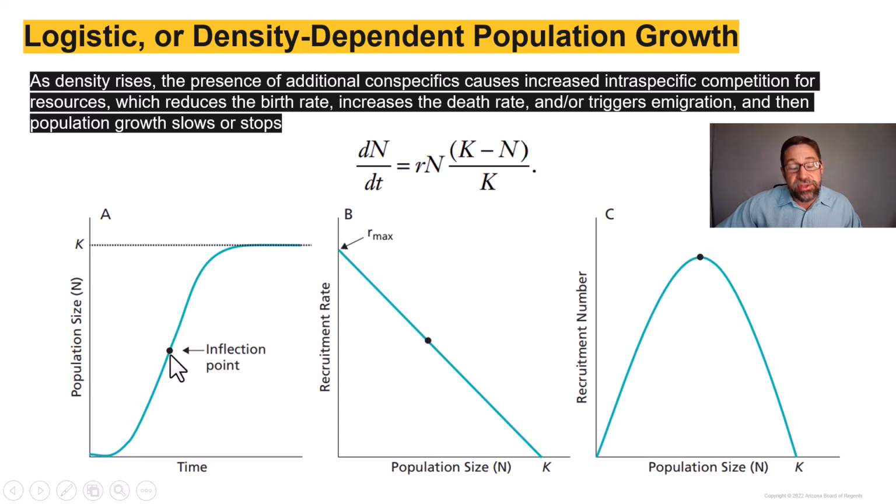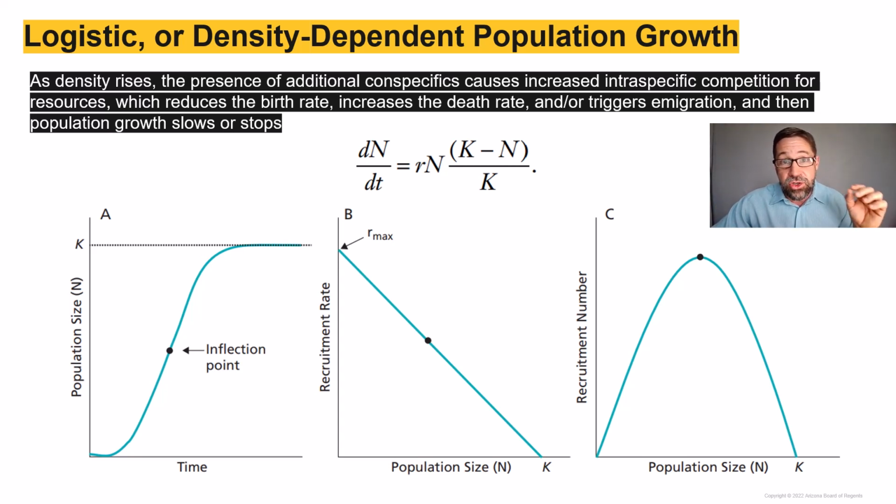So this is where the density-dependent effects kick in. So as you get more conspecifics on the landscape, it causes increased intraspecific competition, which may result in decreased birth rates, increased mortality rates, and then increased emigration rates.